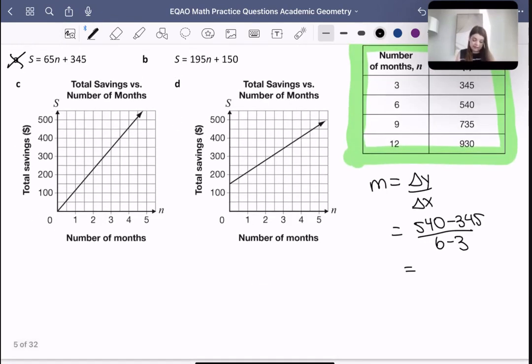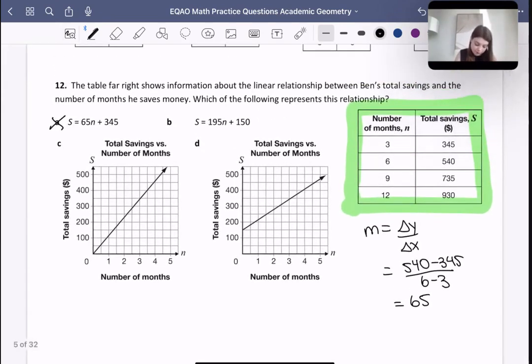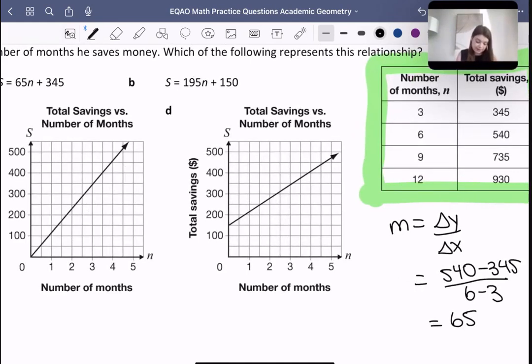So 540 minus 345, divide that by 3, and we get 65. So 65 is the slope. However, the slope in B is not 65, it's 195, so that is not quite right, unfortunately.